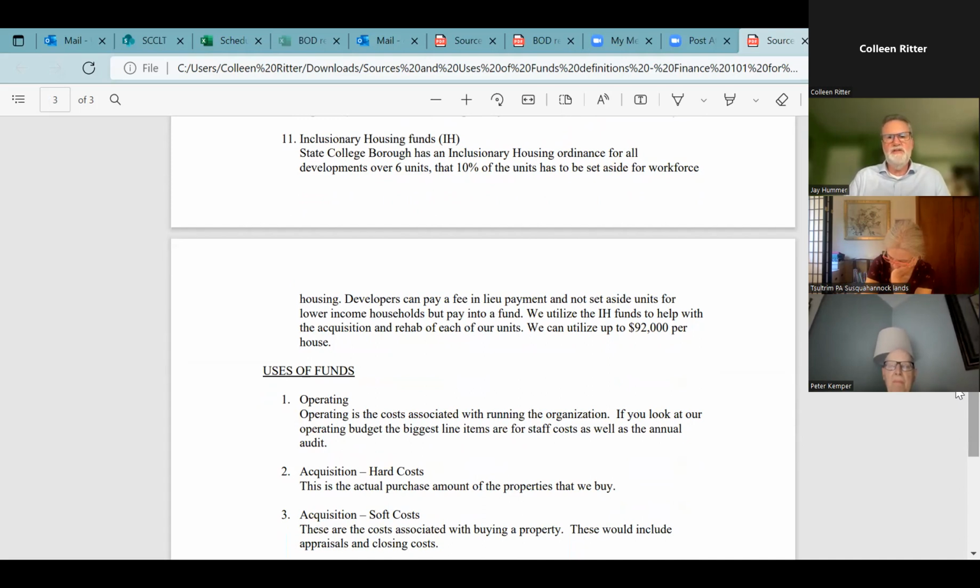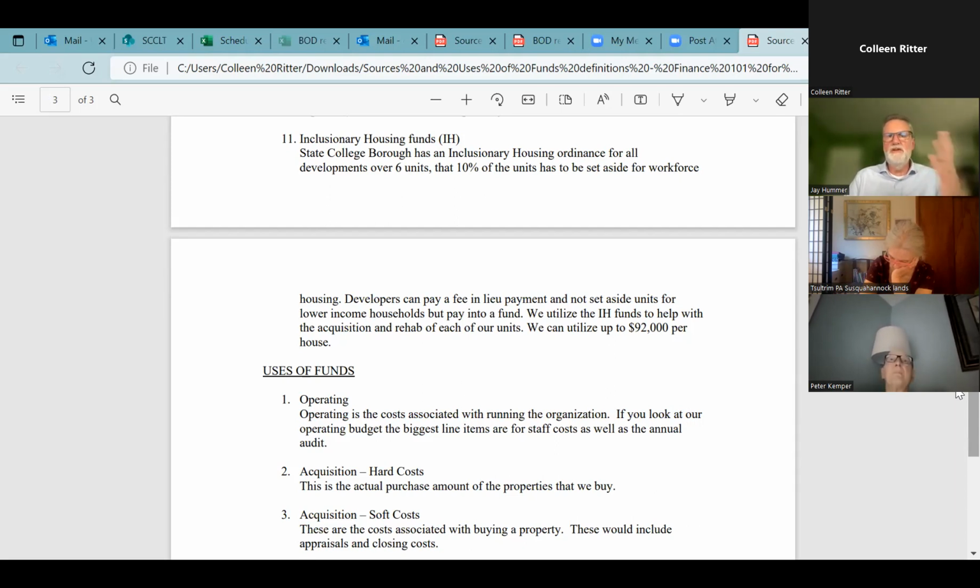They can designate some of the units in their high-rise to low moderate income homeowners, or they can find some other piece of real estate in the borough and put the units there. Like I think the Metropolitan, their units are not in the Metropolitan because they wanted more rents there. They put them above the Dunkin' Donuts down on South Atherton.